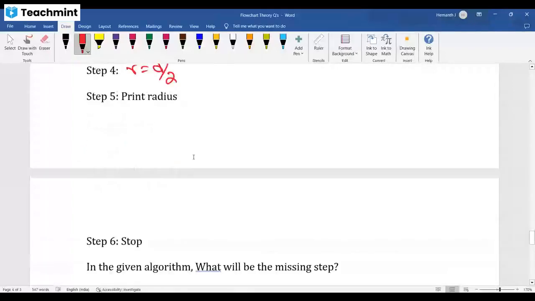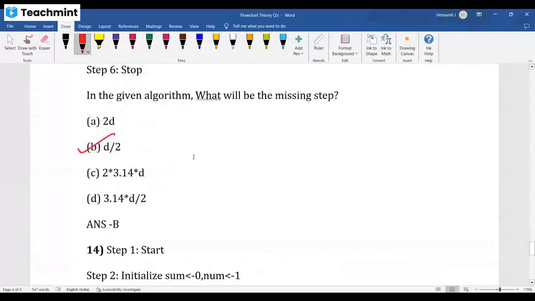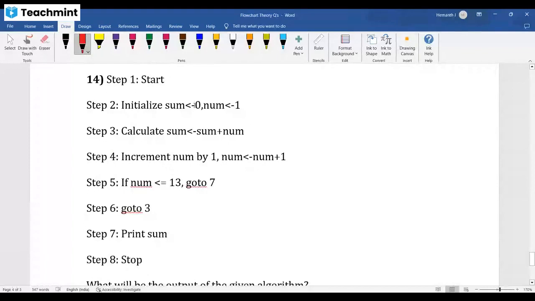One more is given here, also algorithm related. Initialize sum equal to 0, number equal to 1, sum equal to sum plus number, then increment number by 1, number equal to number plus 1, right? If number is less than or equal to 13, then go to the 7th step, or else go to the third step.